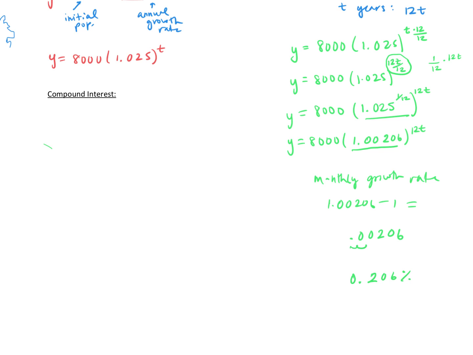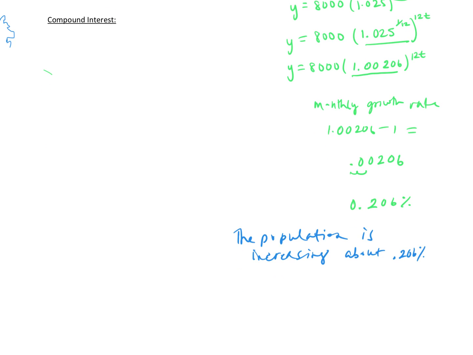And then we can just summarize and say the population is increasing about 0.206%. Now we're no longer in years, so we can say per month.